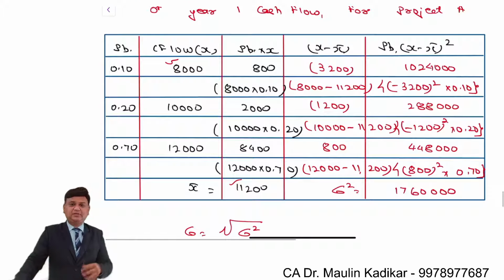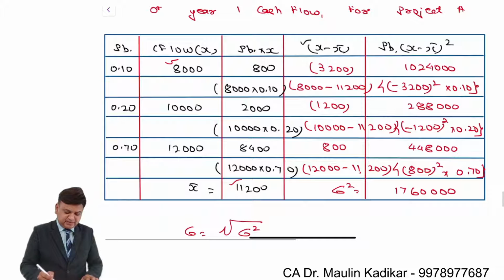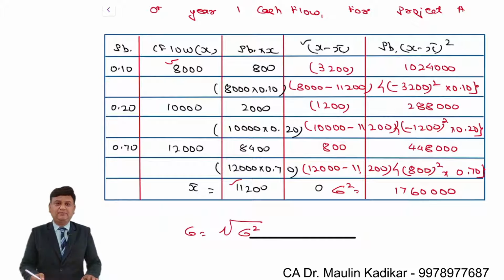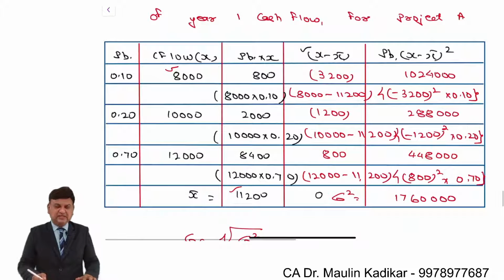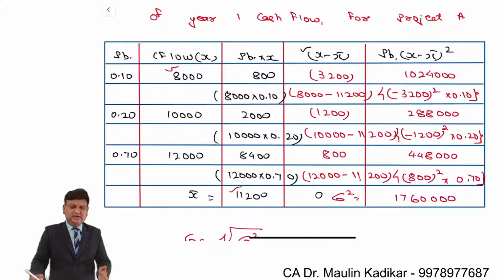Sometimes students have a question to ask me that, sir, x minus x bar total should be 0. Why does it not come 0 over here? Friends, basically there are two kinds of information that we have. One is given a name as the probability distribution method, and another is other than the probability distribution method, wherein you may be provided with the sample data for assessment or you may be provided with the population data for assessment.